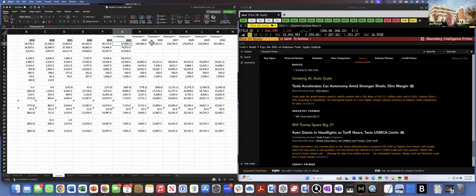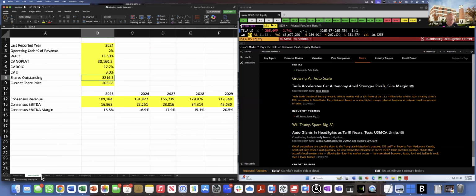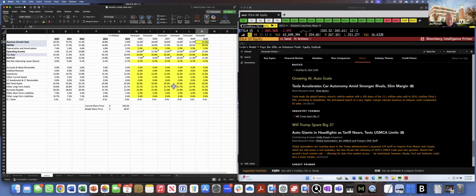So inevitably, and this is why the book talks about it, it's hard to maintain high growth rates long term. They tend to regress towards the mean, and one of the reasons is that the bigger you get, the harder it is to continue on those same percentages. So as they get bigger, these percentages are going to start to come down. That's just natural. How much they come down, I don't know, but I'm going to at least start with maybe something like 15%, 10.